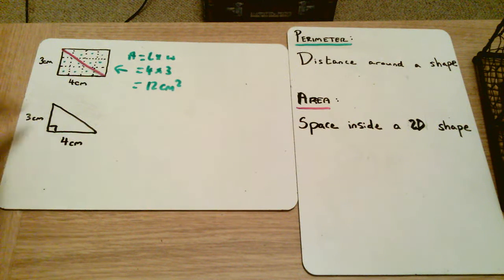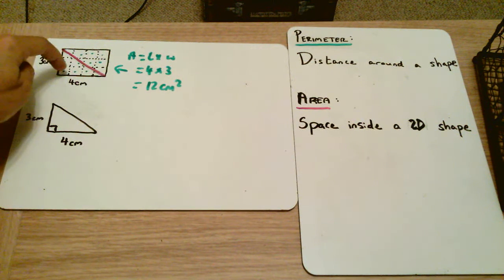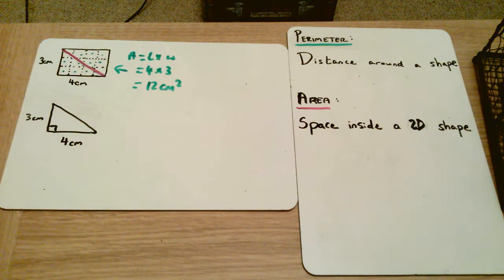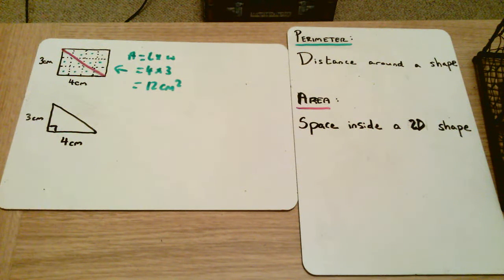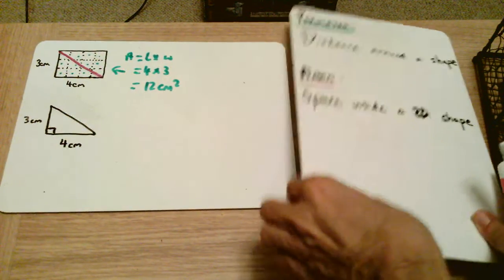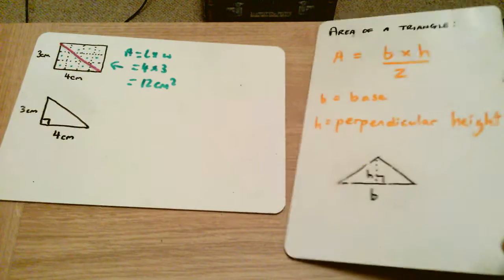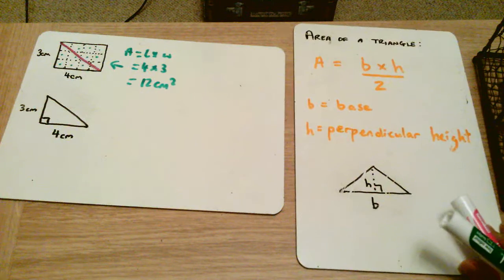So if the area in here was 12, this would be 6, and this would be 6. And this comes to the formula for the area of a triangle. We multiply the two lengths together, which are perpendicular, and then we divide by 2.